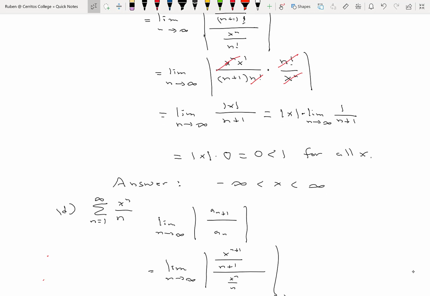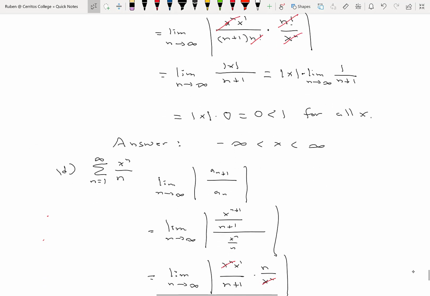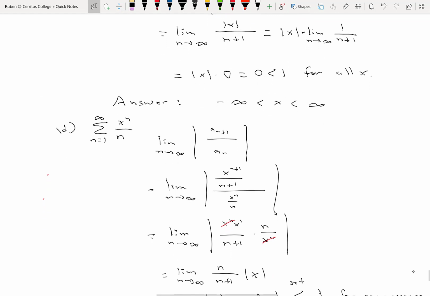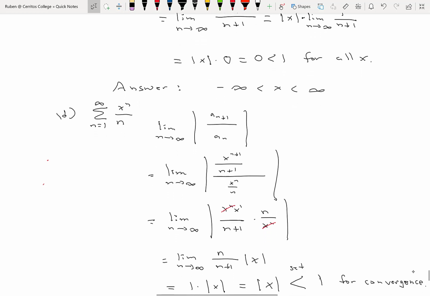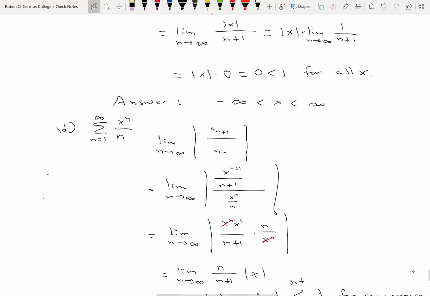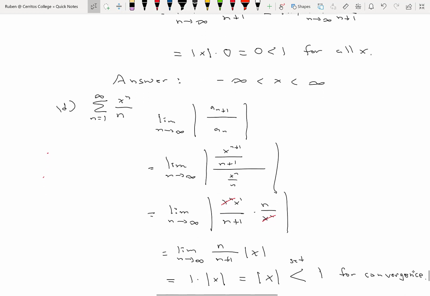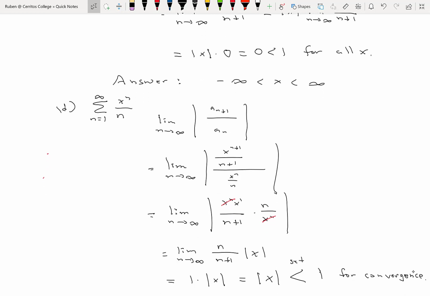And if we invert and multiply, a little algebra on x to the n plus 1, the x to the n's cancel. We get the limit of n over n plus 1 times the absolute value of x. So what happens with this limit? The absolute value of x can come out of there, and the limit of n over n plus 1 is just 1.